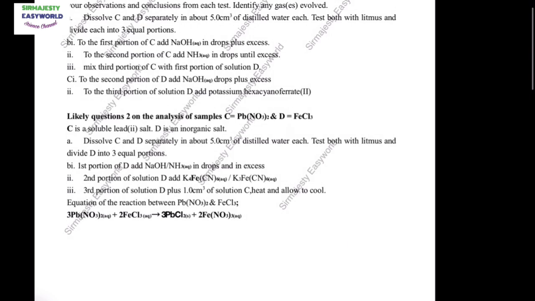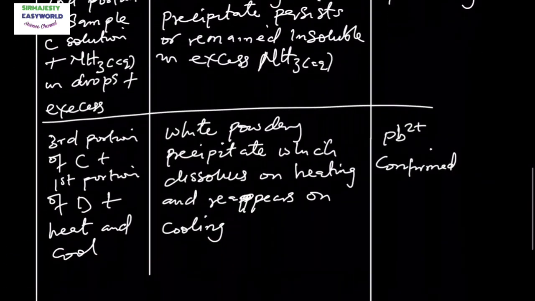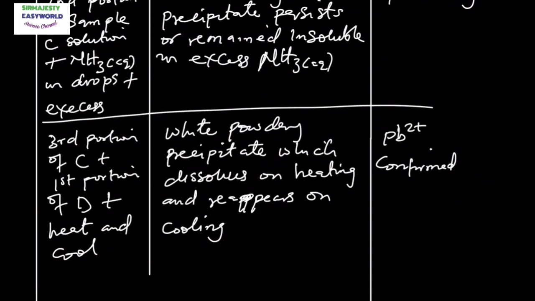So the next one says, to the second portion of D, add sodium hydroxide in excess. They are now testing for iron-3 ion. In the test for iron-3 ion, you need possible reagents.